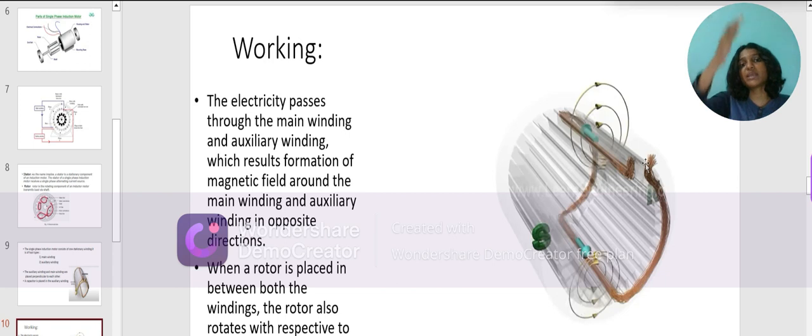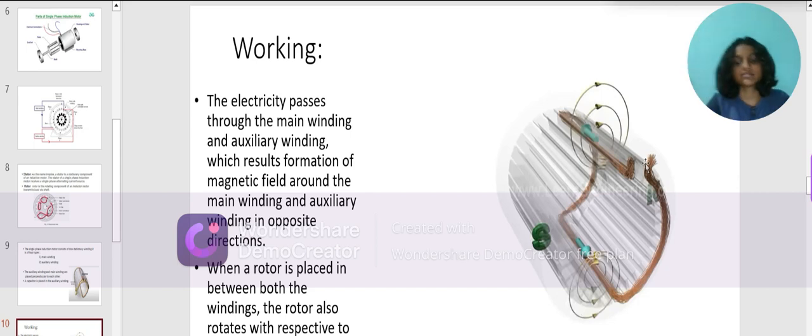If the direction of the magnetic field of the main winding is in this direction, the magnetic field of the auxiliary winding is opposite to the main winding. So when a rotor is placed between the windings, the rotor also rotates with respect to both the windings.